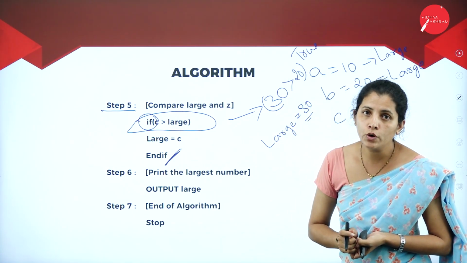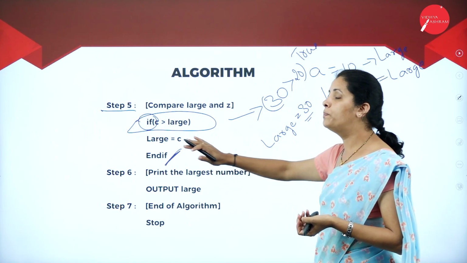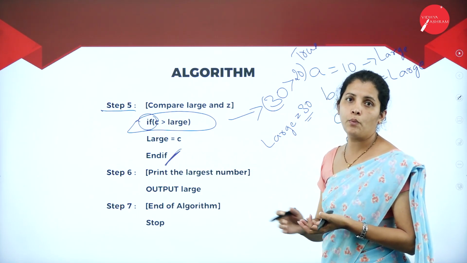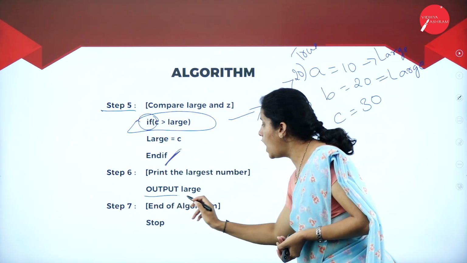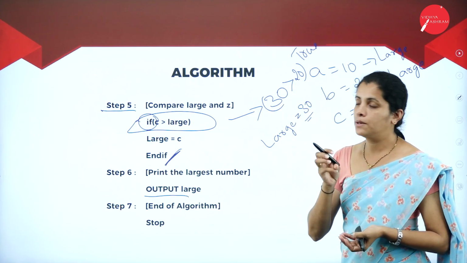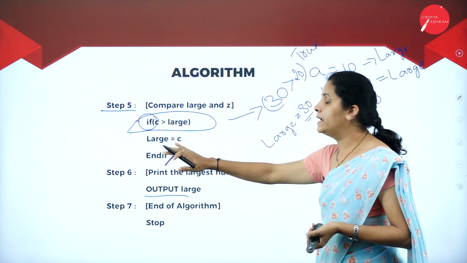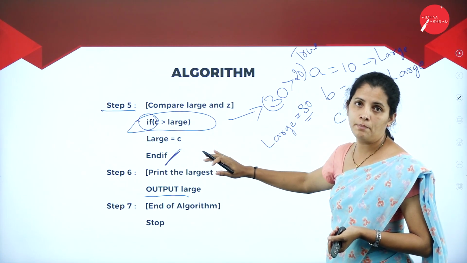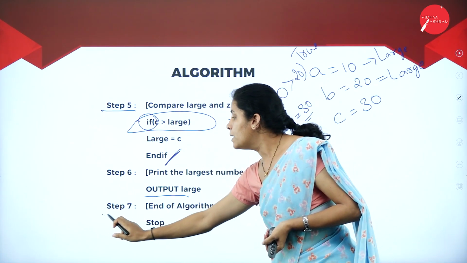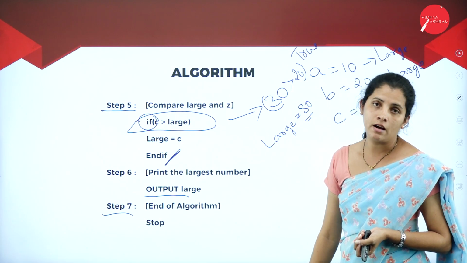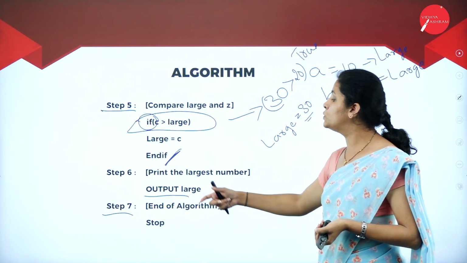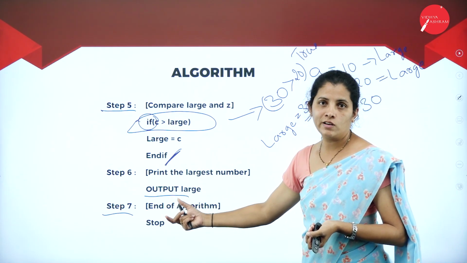After that, what am I going to do? Here I'm going to print my large value. That is nothing but output large. That means I'm going to print the largest number. And at the end, I'm going to have step 7 that is mainly used to stop my algorithm.